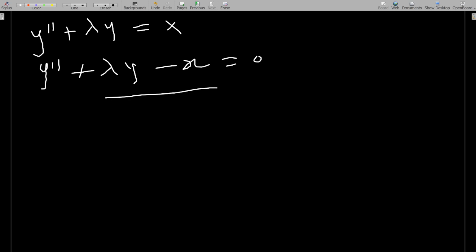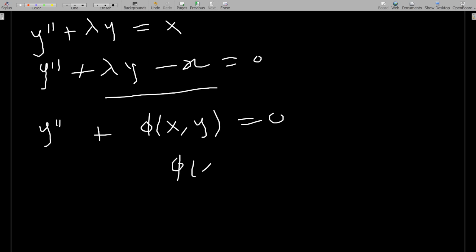So it means we'll get something like y prime plus some phi of x, y equals 0, where phi of x, y is the whole expression. So phi of x, y is actually equal to lambda y minus x.